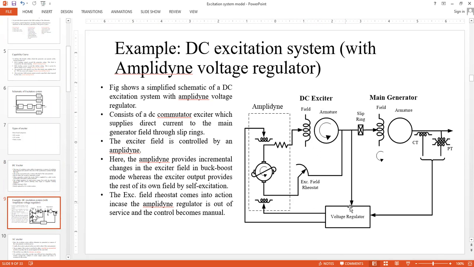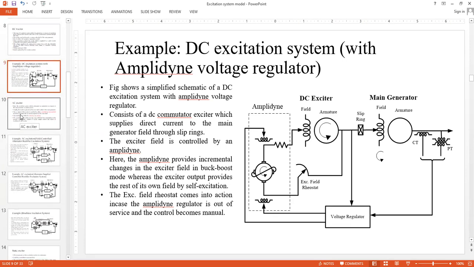Of course, the voltage regulator takes the feedback from the terminal of the power system, as well as the reference set point. It takes the value from the DC exciter output, and then the comparison is done. Accordingly, the field excitation of the amplidyne is varied, which ultimately varies the field current of the DC exciter, and thus the field of the main generator is controlled.